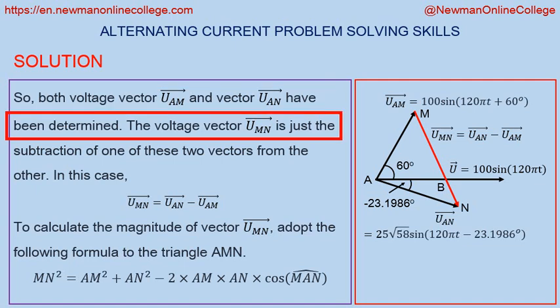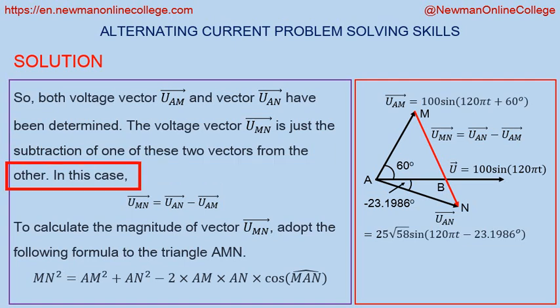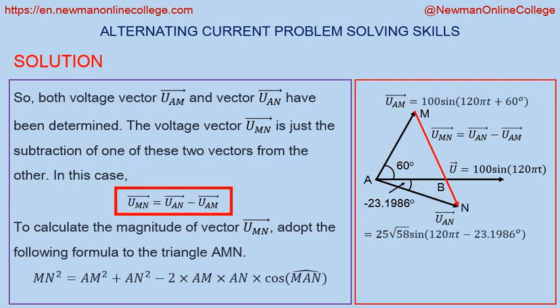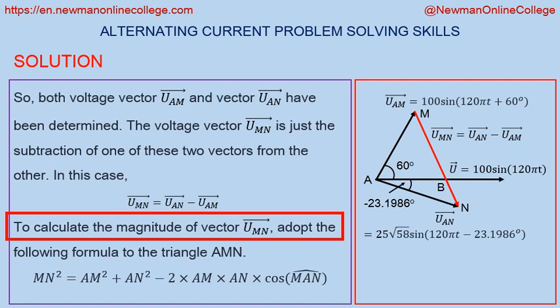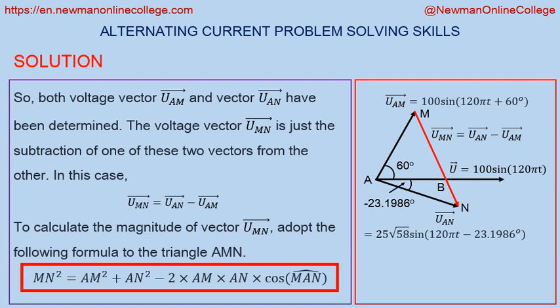The voltage vector U sub mn is just the subtraction of one of these two vectors from the other. In this case, vector U sub mn equals vector U sub an minus vector U sub am. To calculate the magnitude of vector U sub mn, adopt the following formula to the triangle AMN. Mn squared equals am squared plus an squared minus 2 times am times an times cosine of the angle MAN.